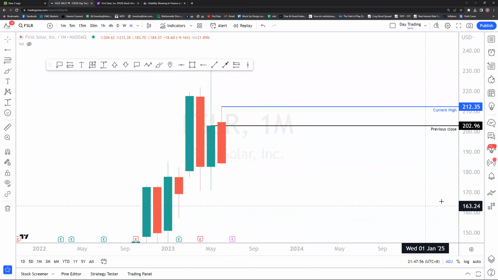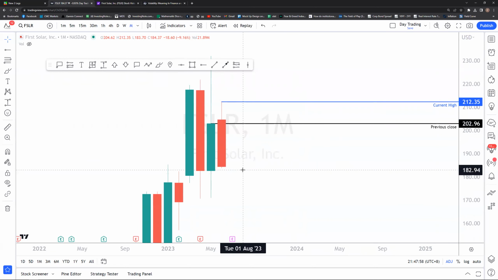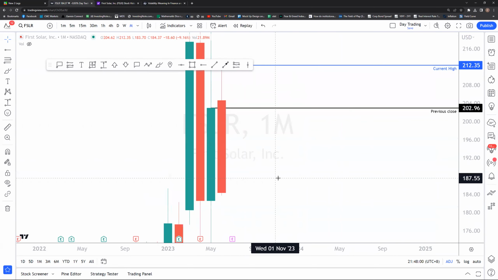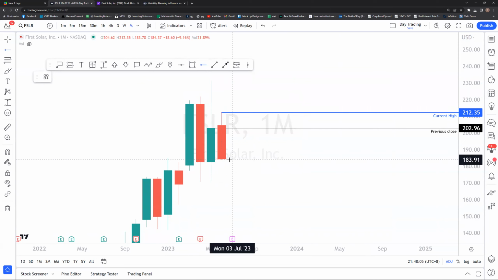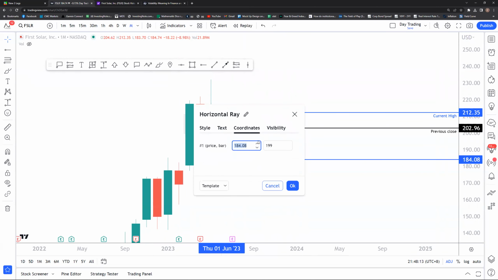Currently it seems like there's a current low here. You can see a bit of wick there, right? So I will put the current low also, because the candle is moving. Just pretend the low is stagnant now, okay? The low is 183.7. So this is the current low.